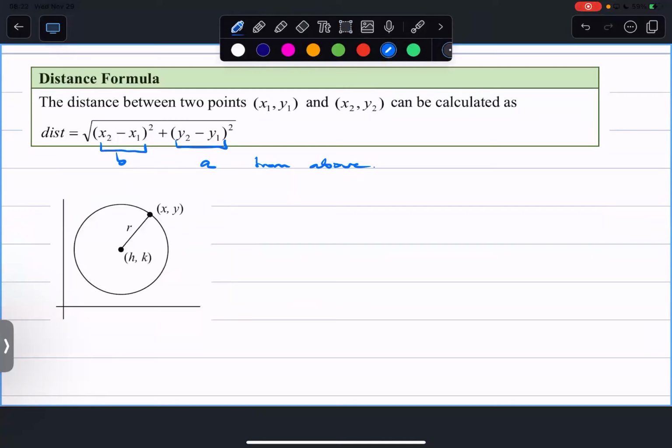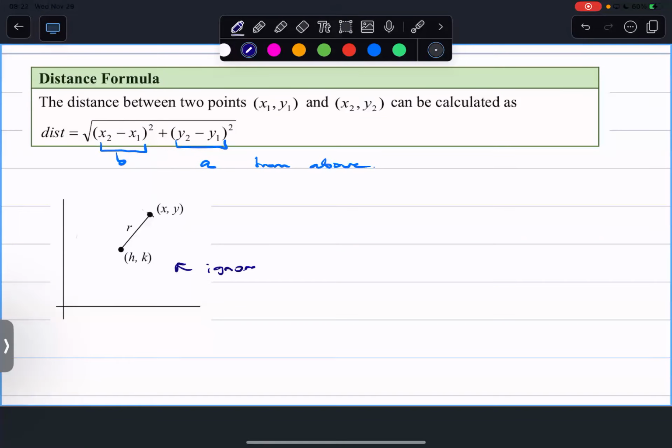I want you to ignore the circle for a little bit longer. Ignore the circle.